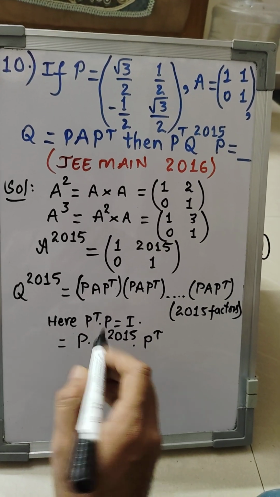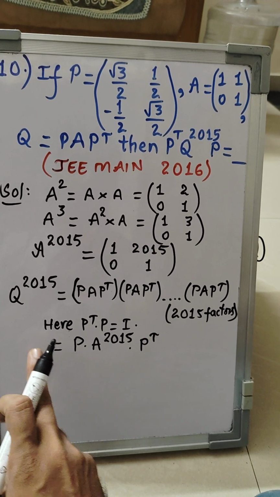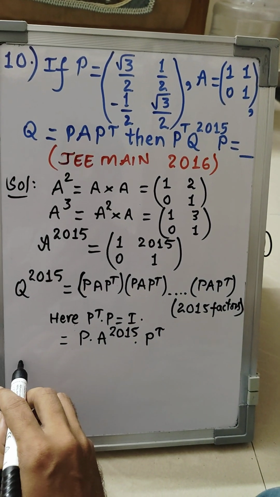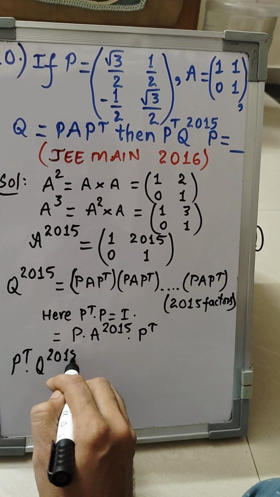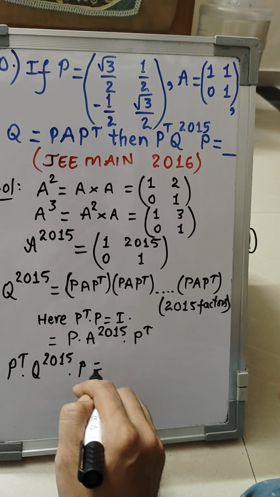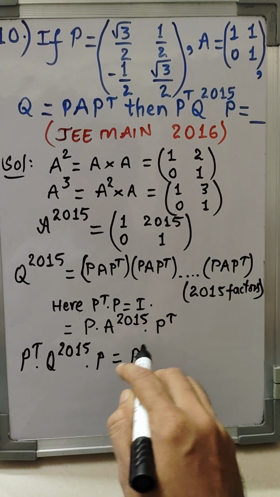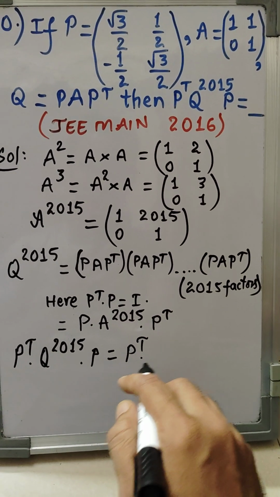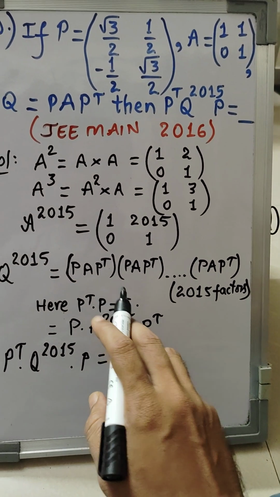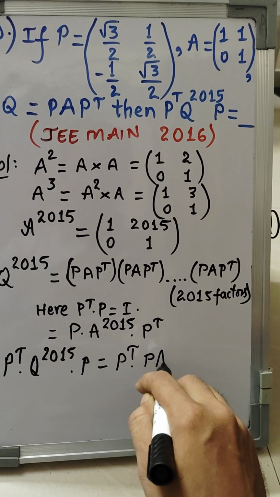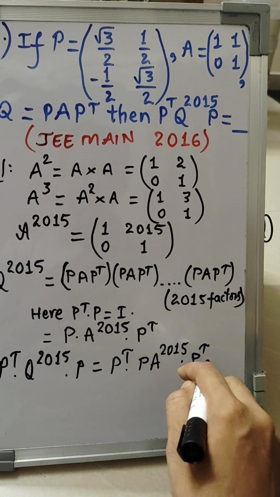So A power 2015 I have, but here I need the value of P transpose into Q power 2015 into P. For this one, I can write Q power 2015 as P into A power 2015 into P transpose.